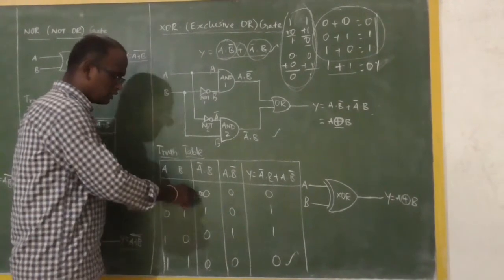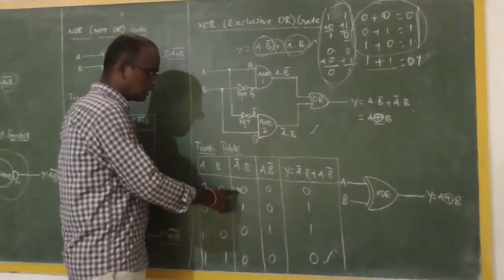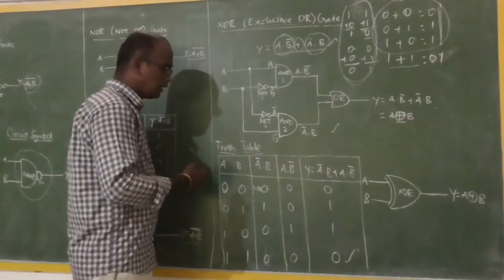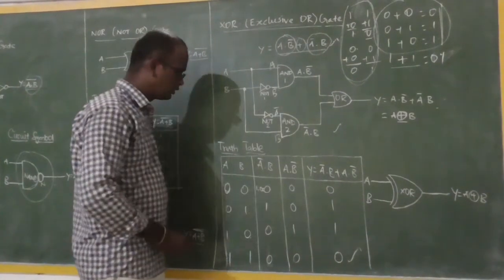So here we are applying the input as 1 dot 0. That means 1 and 0 will produce the output as 0.